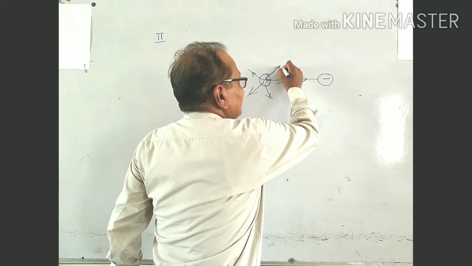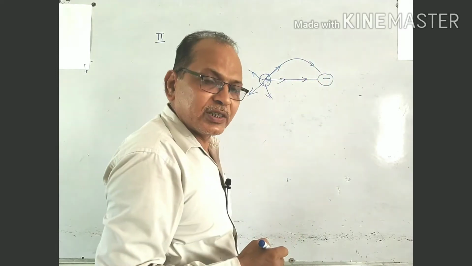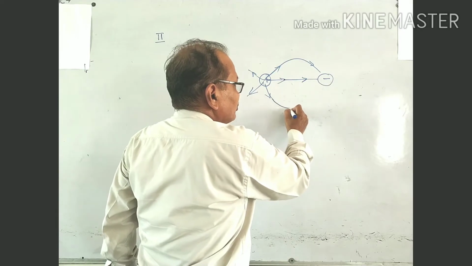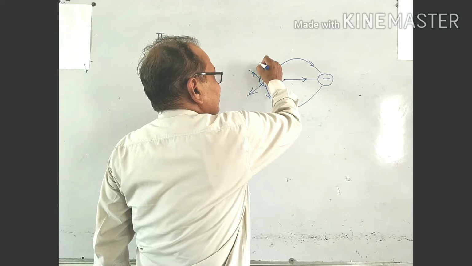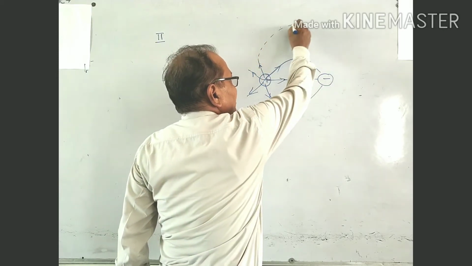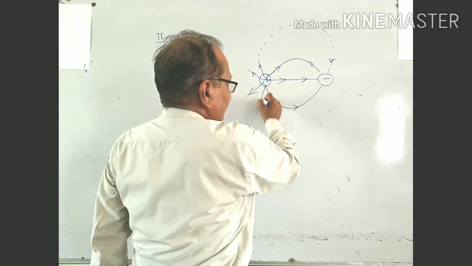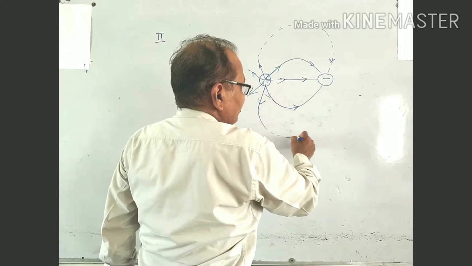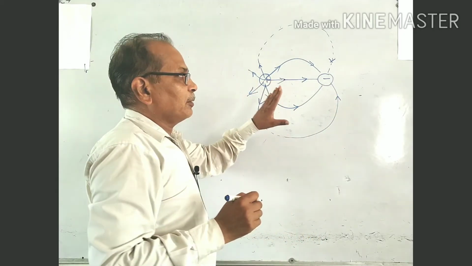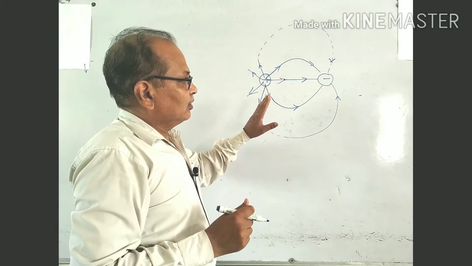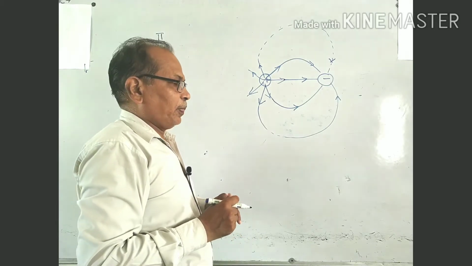This electric line will go like this and move towards the negative charge. Here, if this is the electric line, then they come over here like this. So these are the electric lines for the two different charges.